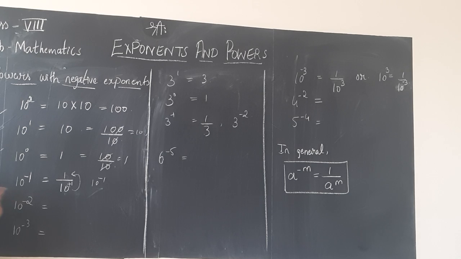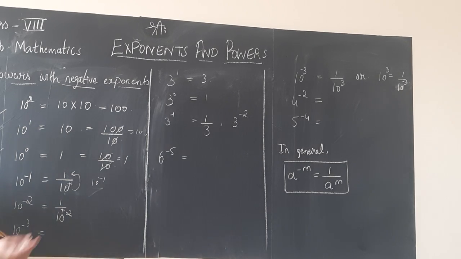Now we have 10 to the power minus 2. So whenever you have such numbers with negative exponents, just write 1 divided by 10 to the power 2, base and exponent as it is you write. Here negative exponent was there, when you send it to denominator it will become positive exponent. So minus 2 goes and in the denominator it becomes plus 2.